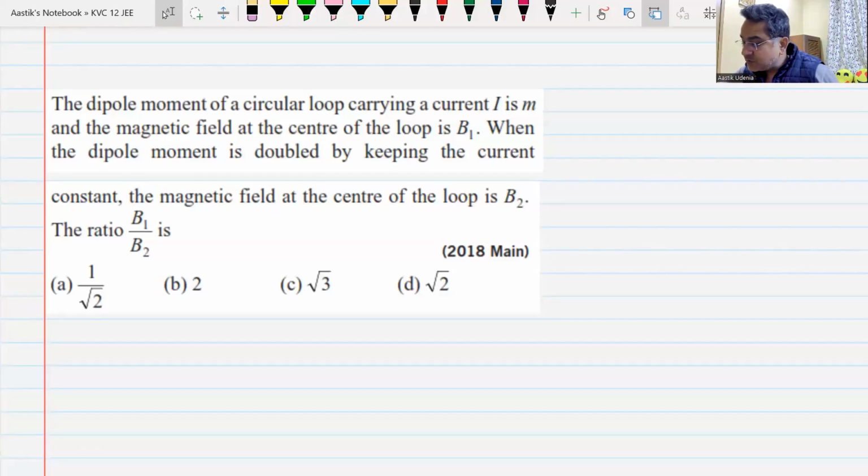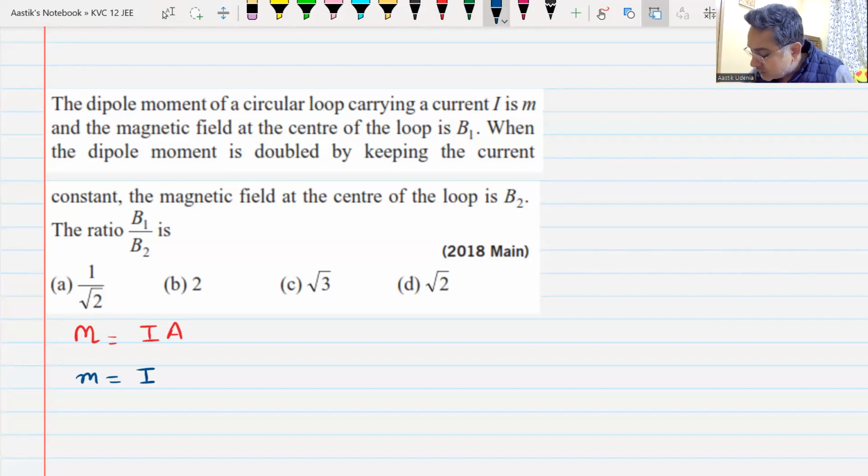So, how are we supposed to do this? The magnetic dipole moment of any current carrying coil is I into A. Initially, the magnetic dipole moment is M, so M is equal to I into pi r squared.